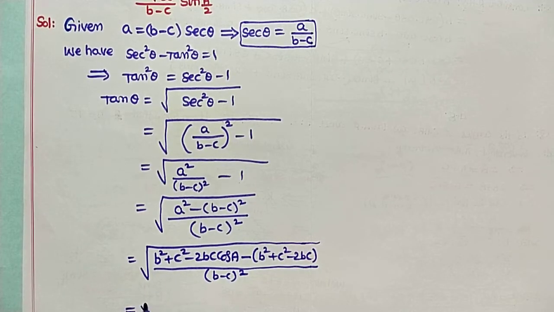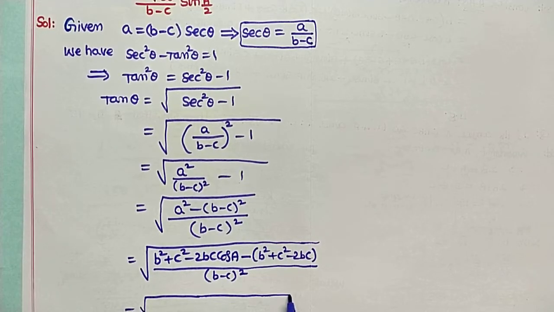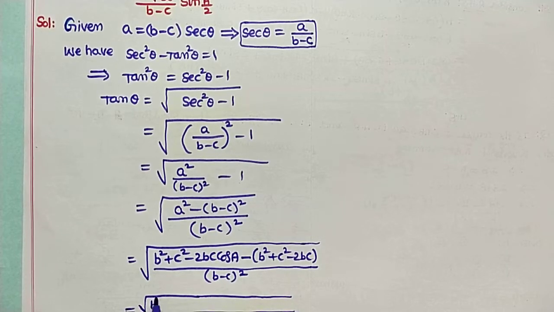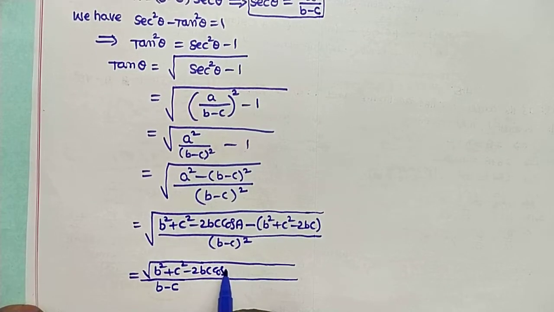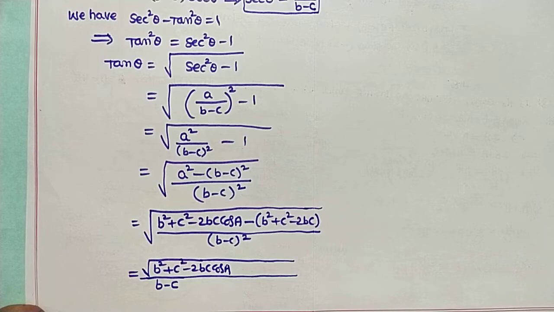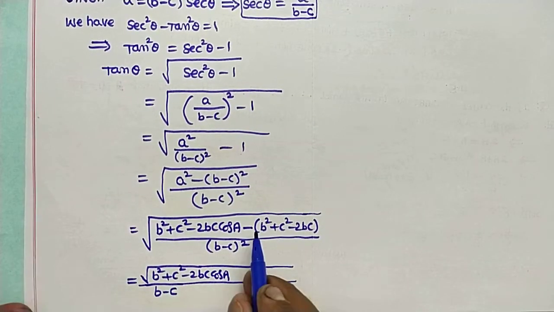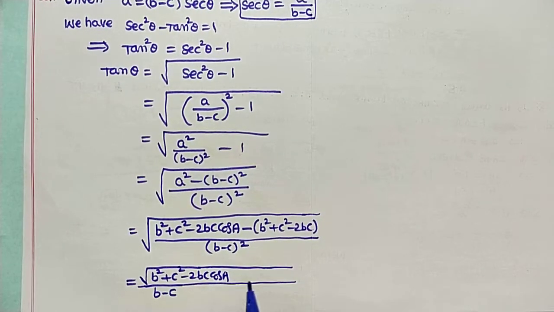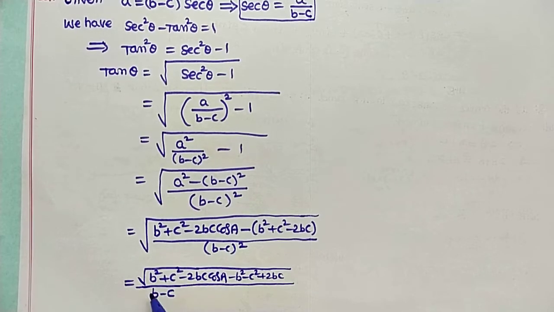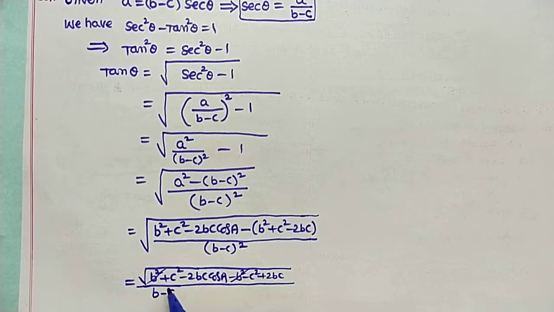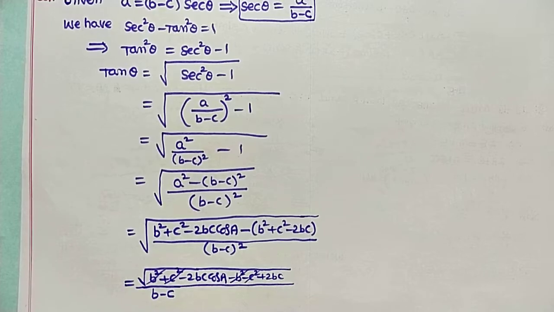And in the numerator, b square plus c square minus 2bc cos A. Multiplying by minus, we will get minus b square minus c square plus 2bc. So here plus b square minus b square, plus c square minus c square get cancelled.